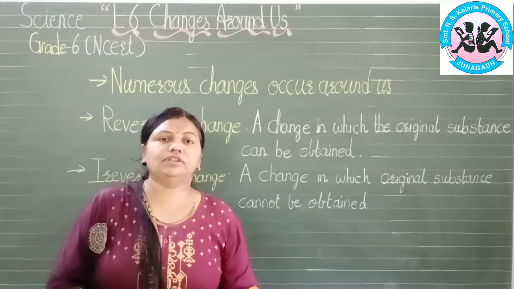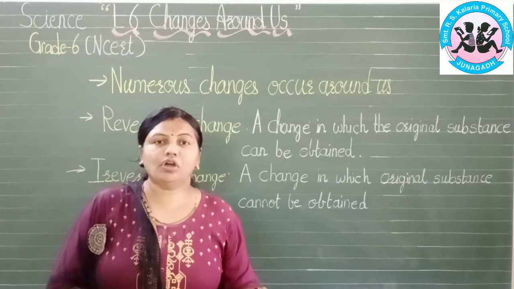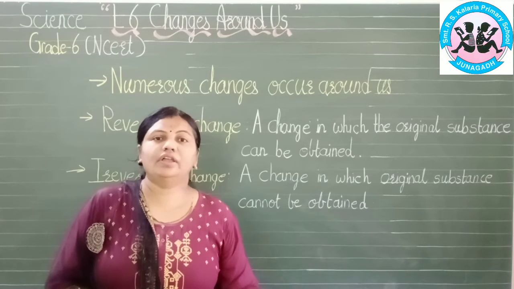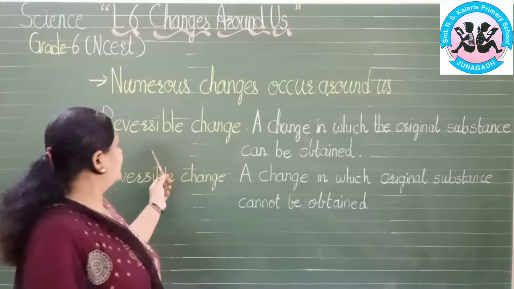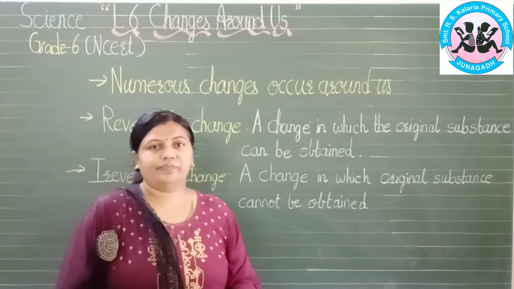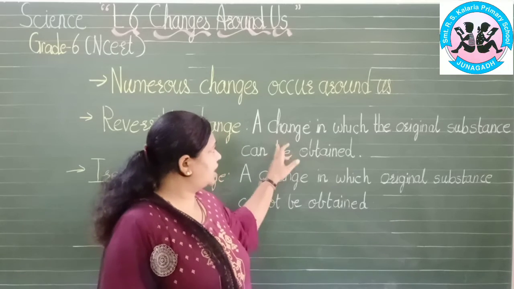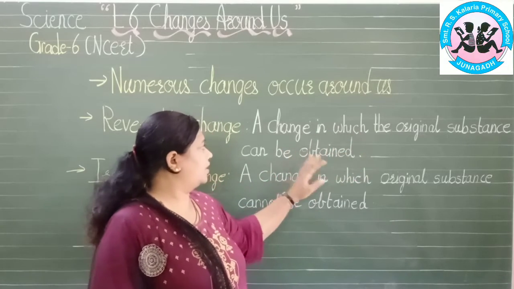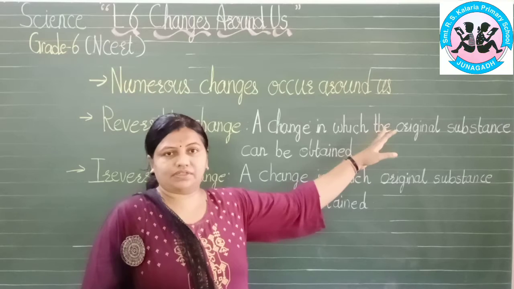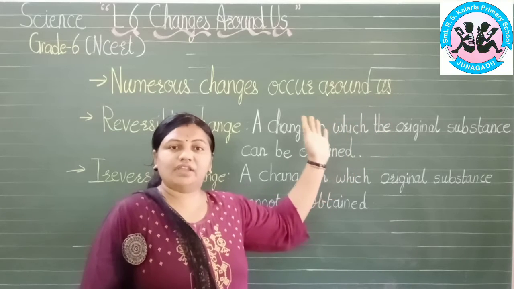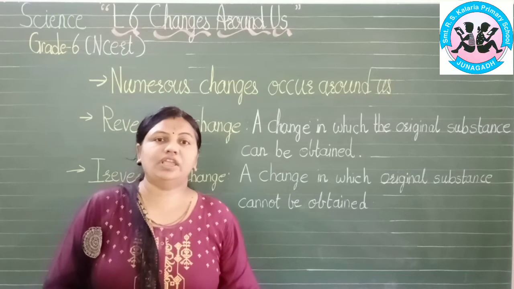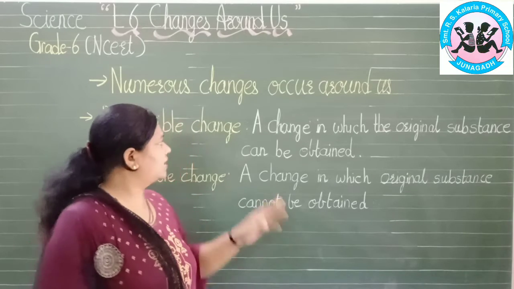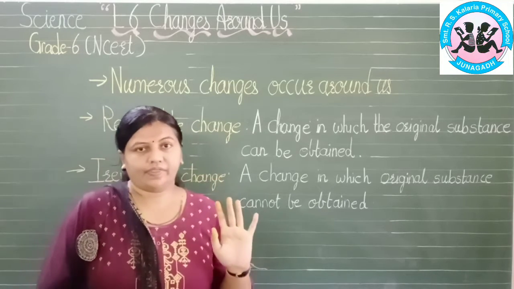Again, when you take out the tray and keep it at normal temperature, it will be converted into water again. So that comes under reversible change. You get ice again in the form of water. Such kinds of change are known as reversible change.